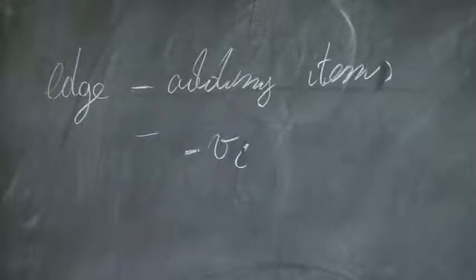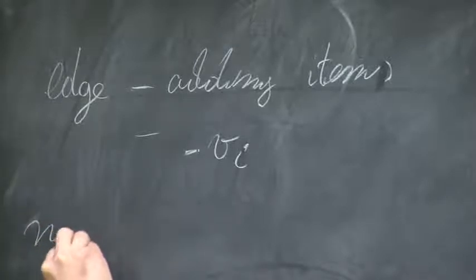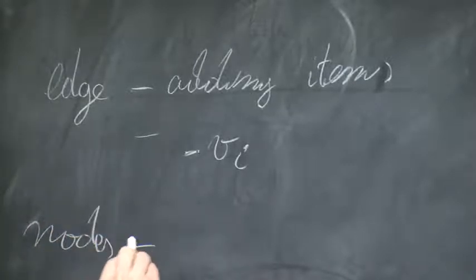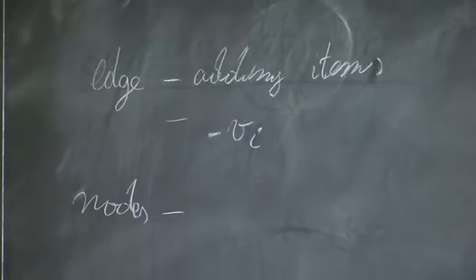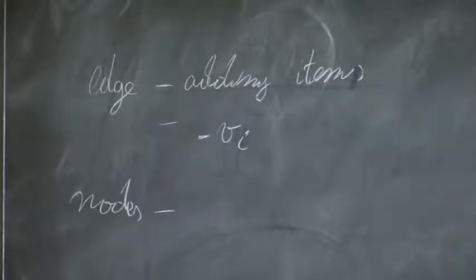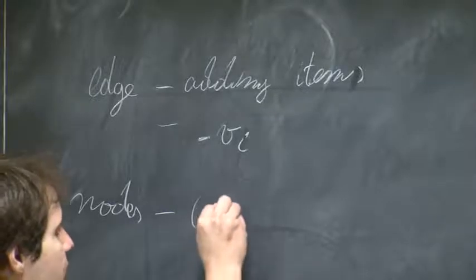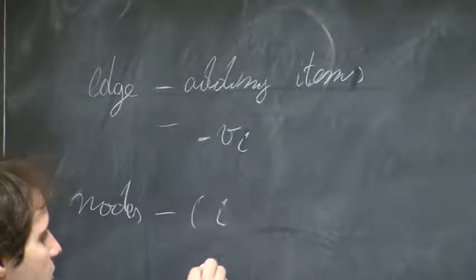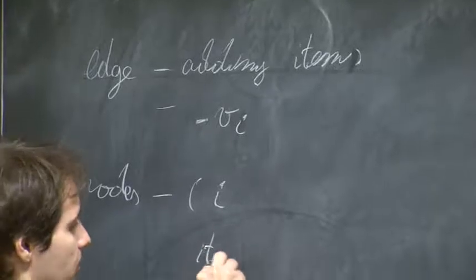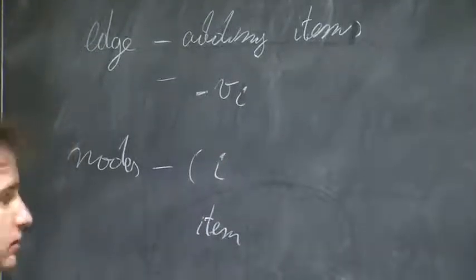Okay, so what's a node? A unique set of items. Sorry? A unique set of items. Okay, so the state in a node is going to have I, which is the item that I'm looking at, because this way I'm going to have one node for each item.